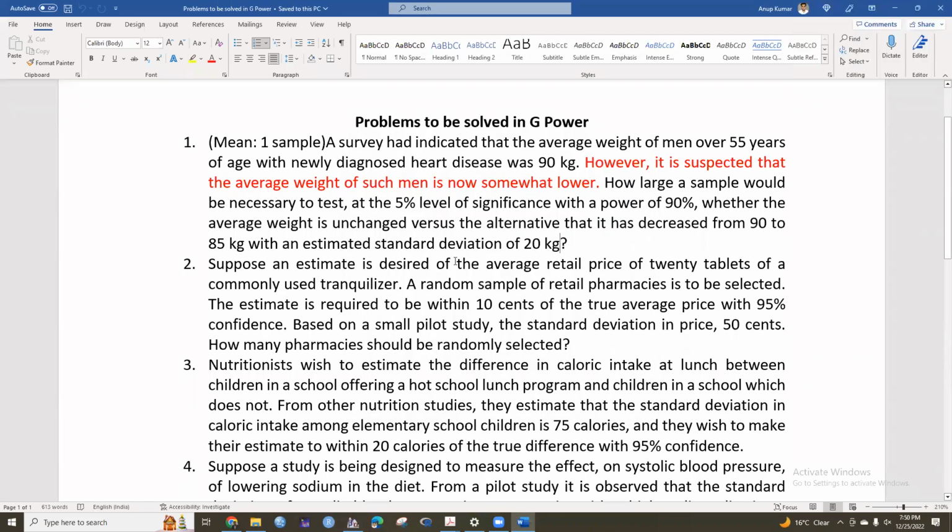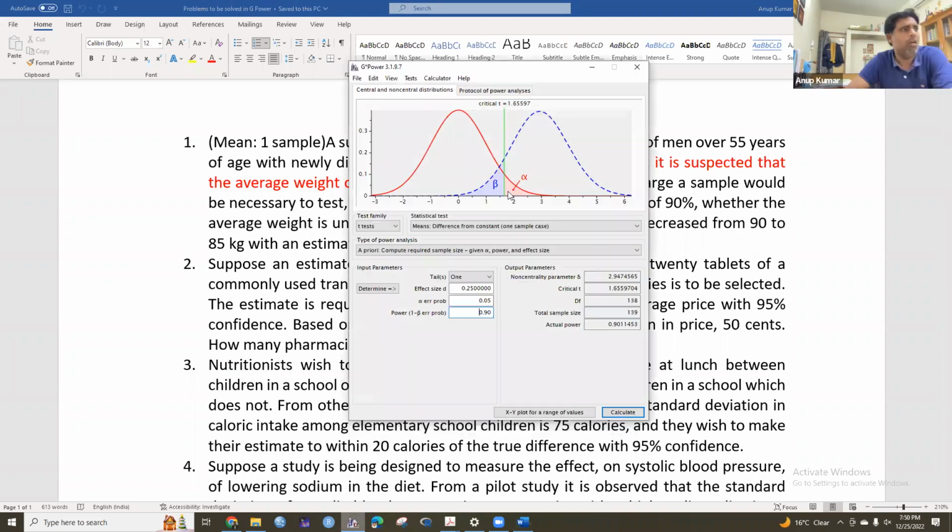Sir, can you please explain the graph which it was showing above? Yes, sir, this red and blue one. This graph is for this particular test because it is following the t-test.